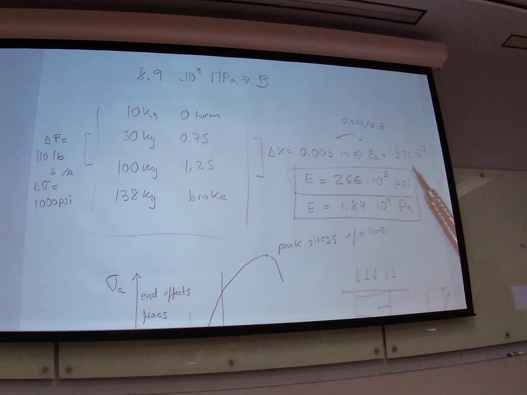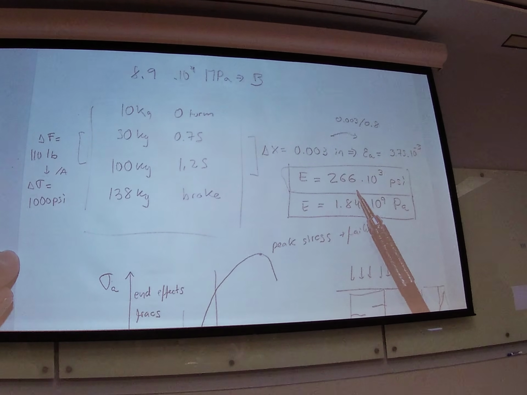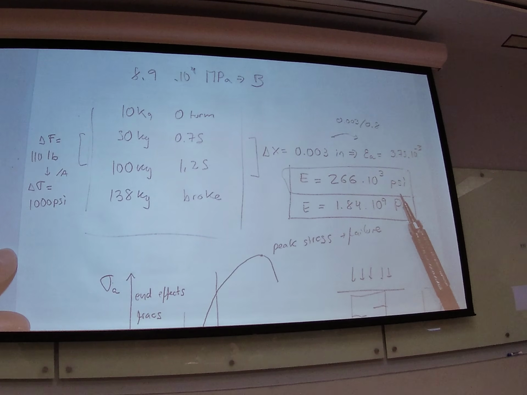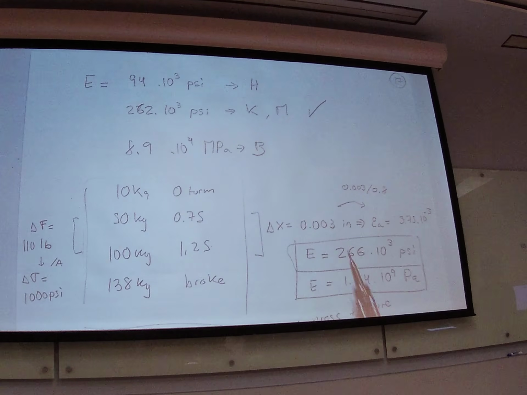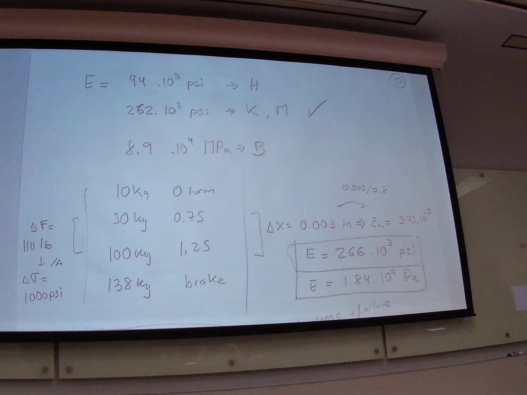So when you divide 1,000 psi by 3.75 thousandths, that gives you 266,000 psi. So the solution from Mr. K and Mr. M was correct on Wednesday. So just check your numbers again and make sure you can get to this solution.